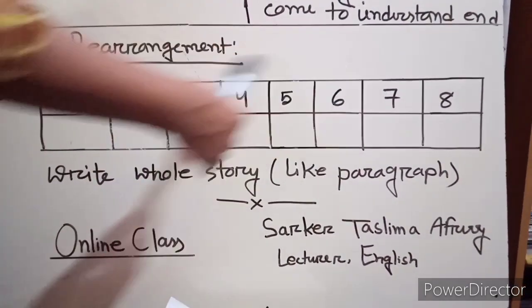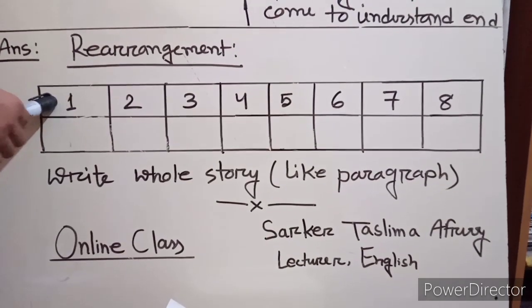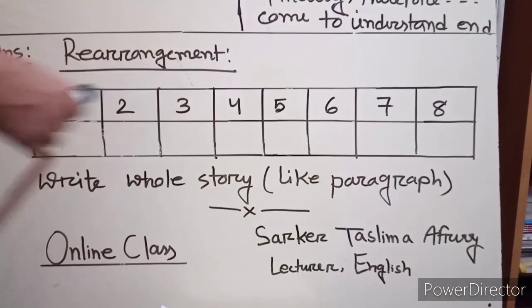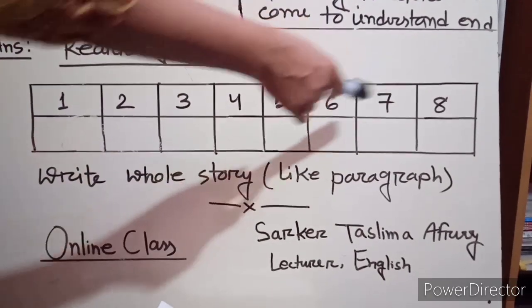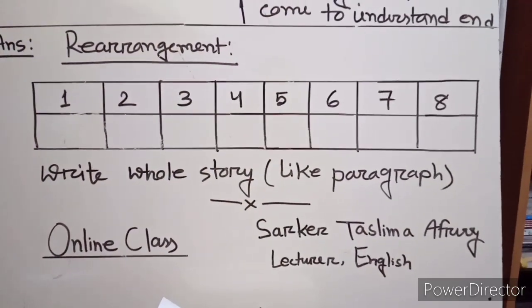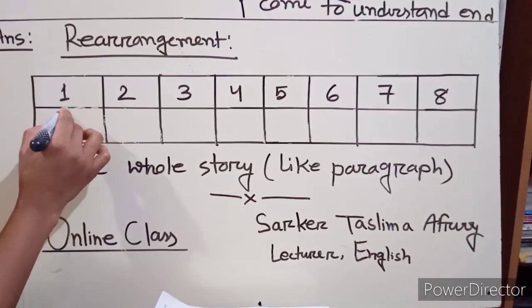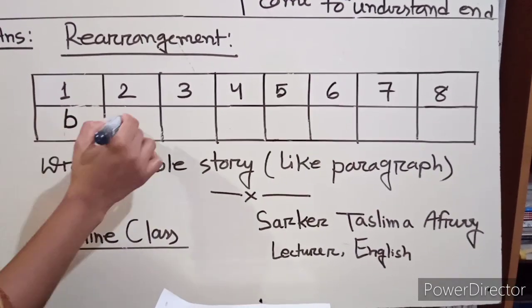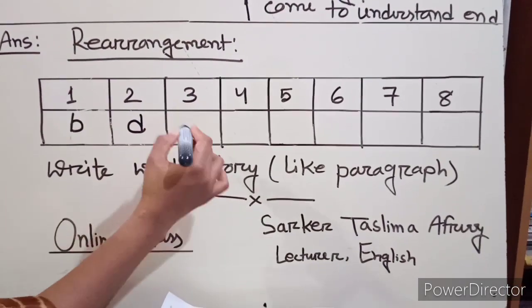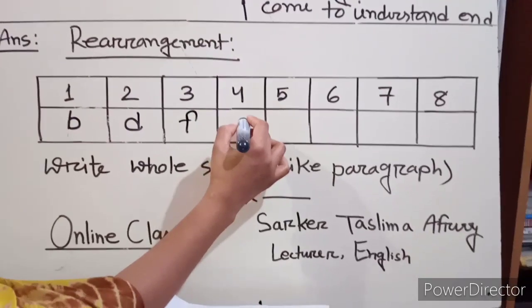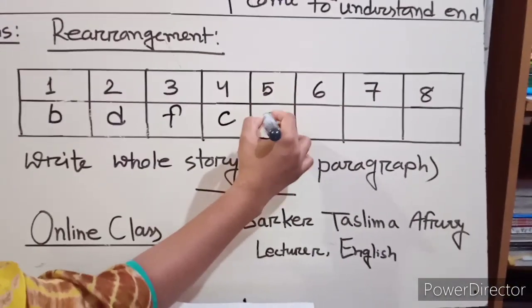First I wrote here 1 to 8 for the students of class 9 and 10, because you have to write the serial number. After that you have to write the answer. Suppose your first answer is C and the next one is D, then F, like this. You have to write everything mentioned here.